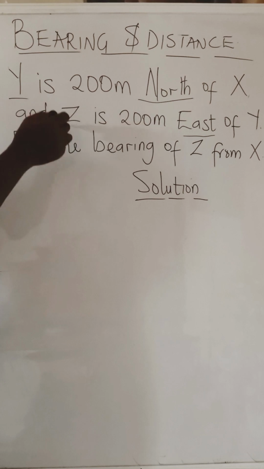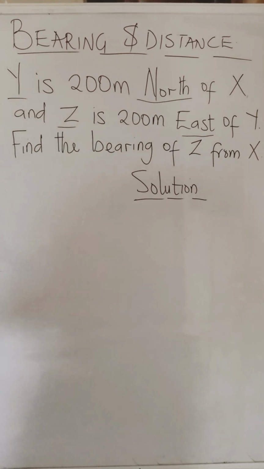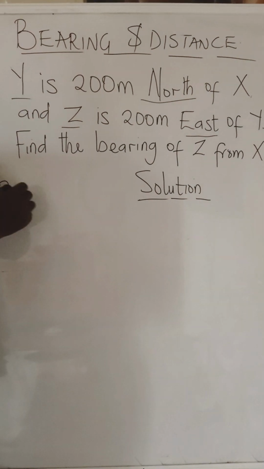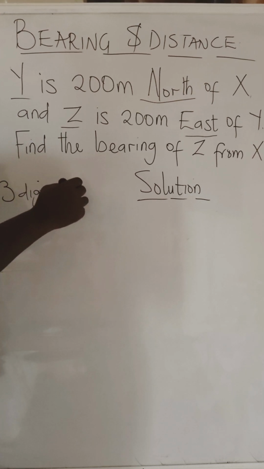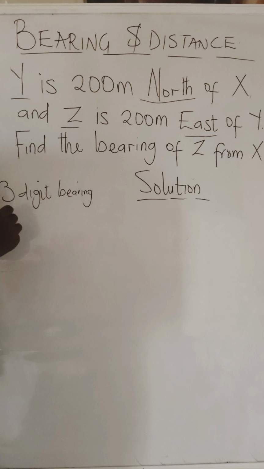Okay, so before we answer this question, I want us to refresh our memory on the types of bearing that we have. We have the three-digit bearing and the compass bearing.